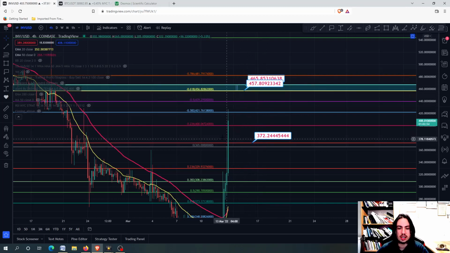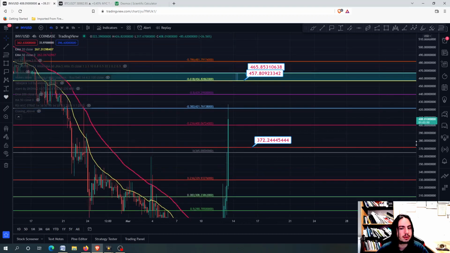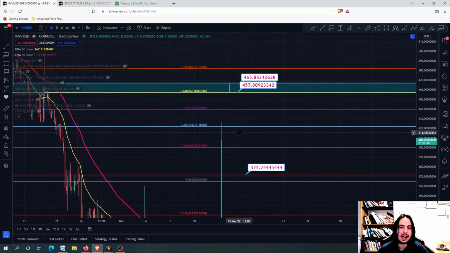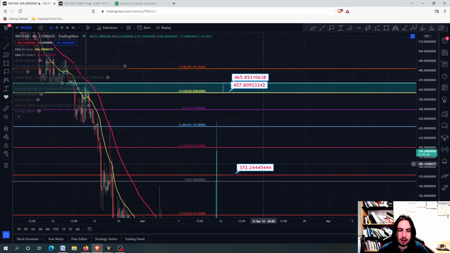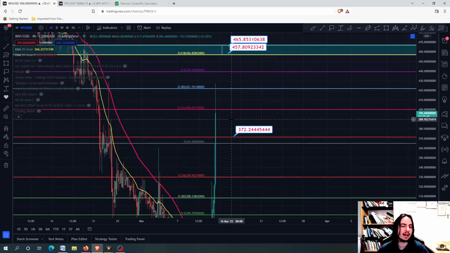If we do not, then we are going to find a correction. You can see the volume here is increasing rapidly, and I would say that it is a great area to sell around here if we are about to cross above the 372. But whenever it is the case, we have a great risk, a very huge risk. So you have to be extremely careful.